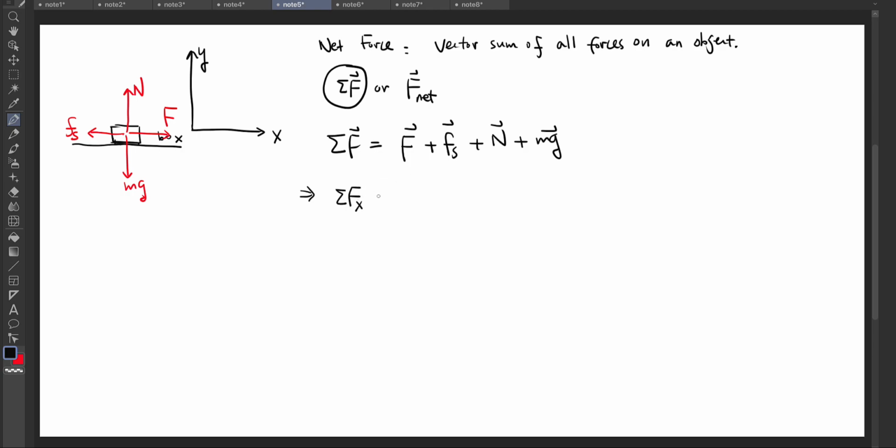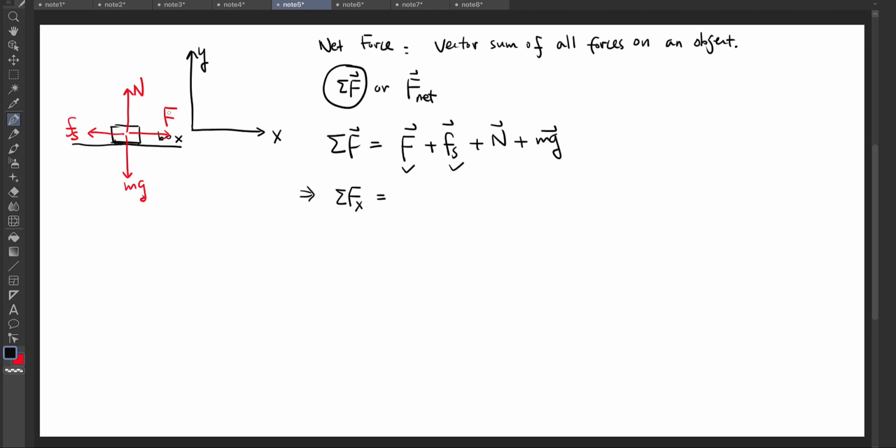So sigma Fx equals. In this direction, only the pushing force F and Fs are in this direction. So we just need F, in terms of whether it's positive or negative according to its relation with the x-axis.